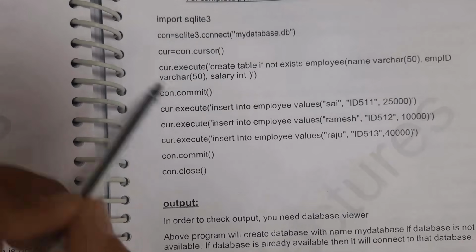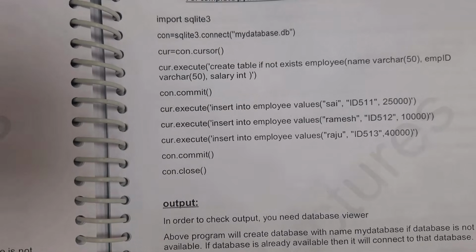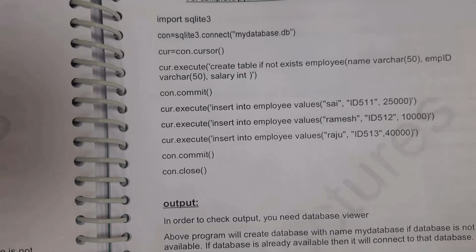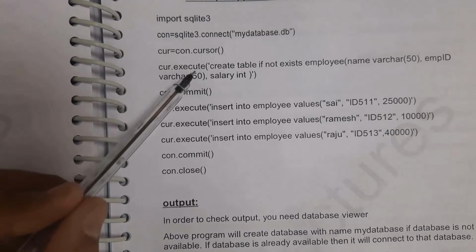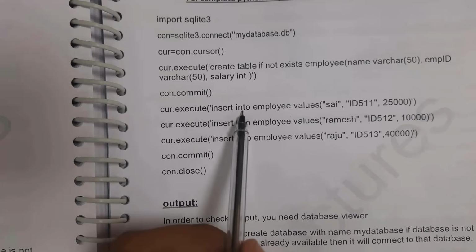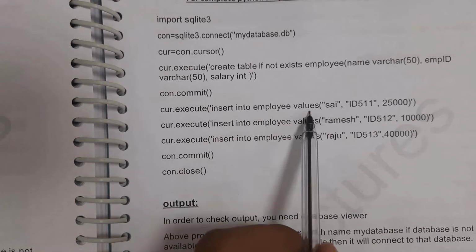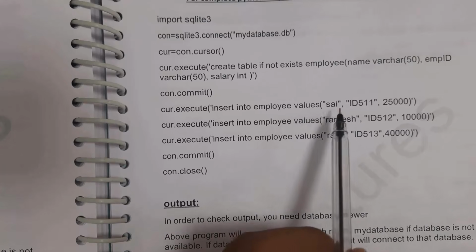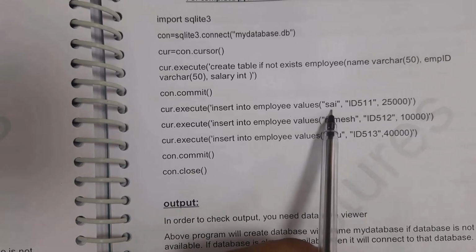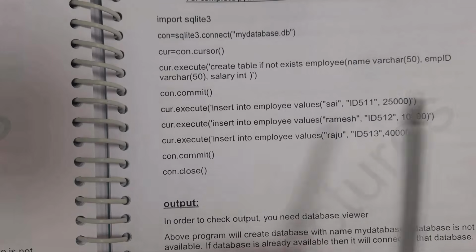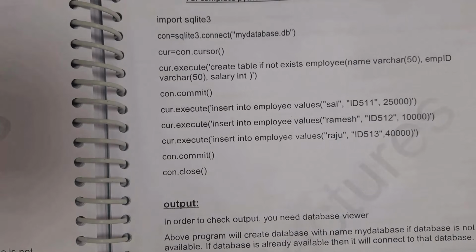And next we need to commit this operation. So just write connection.commit. Now I want to insert 3 values. So just write cursor.execute in quotations, insert into table name employee. Inside the employee table I want to insert values. The values are Sai, which is a variable character, so take quotations, comma, employee ID, inside quotations write employee ID like ID 512, comma, salary.